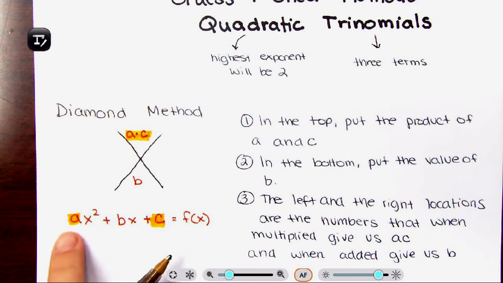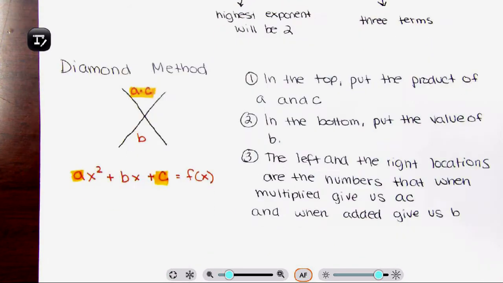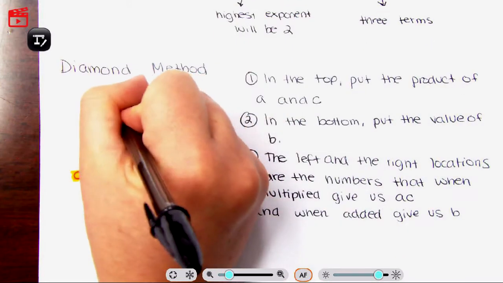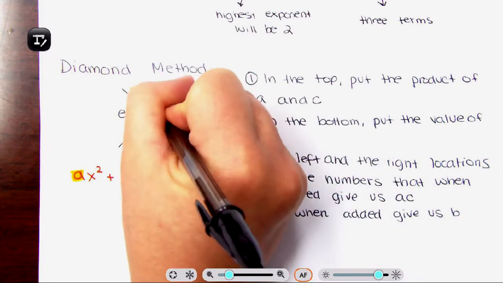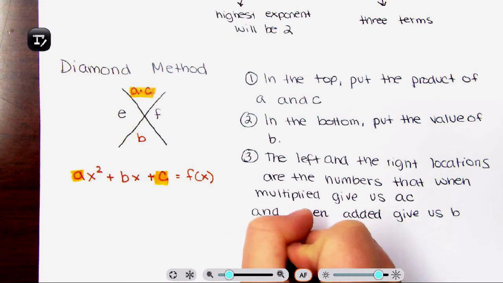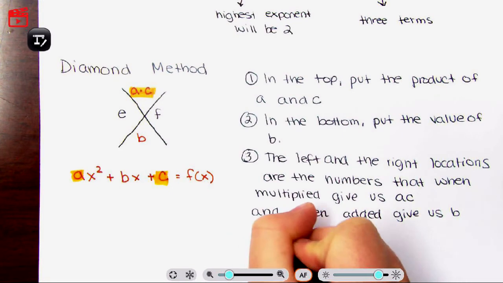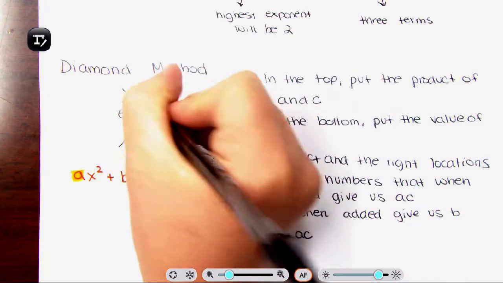Usually you take C, what are 2 numbers multiplied to get this in here, but this time we're multiplying A and C. That could be a change from what you're used to. But what it means is you're going to have a number here, and you're going to have a number here. We don't know what those numbers are. If I take these 2 numbers and multiply them, they're going to give me AC, the number on top.